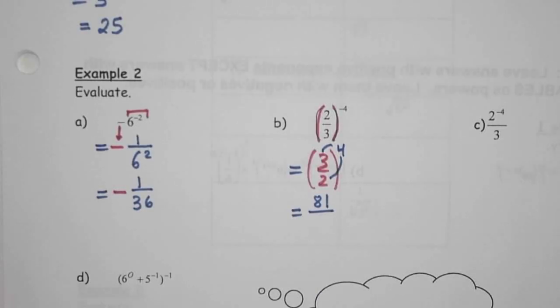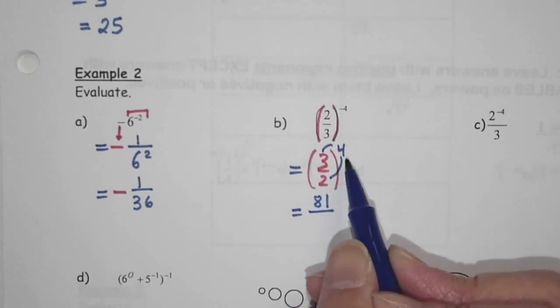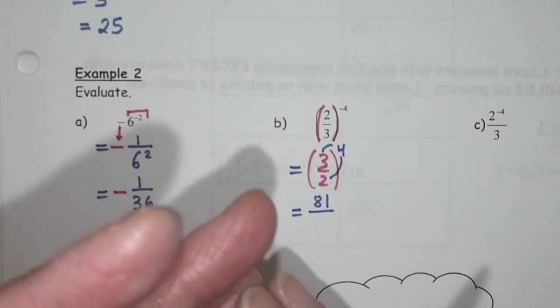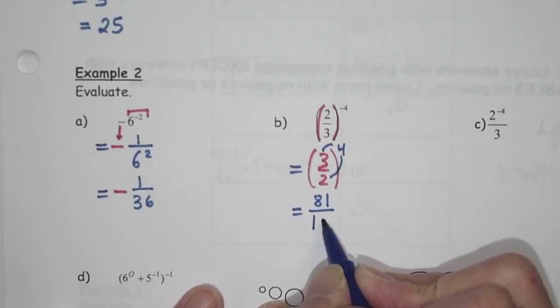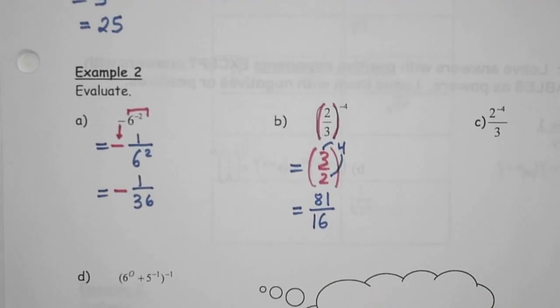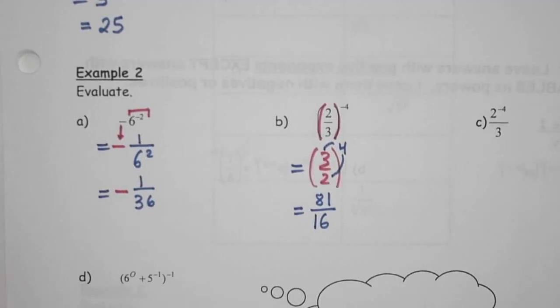Then 2 to the 4: 2 times 2 is 4, times 2 is 8, times 2 is 16. I think of it as 4 times 4. Again, maybe you grab the calculator, and you might get used to them and do them in your head. Can I reduce that? No, can't reduce, so I'm done.